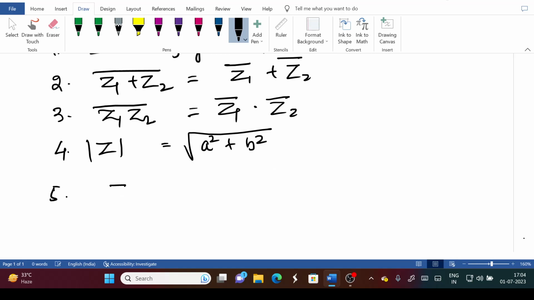Next, Z bar is equal to Z, implies and is implied by, Z is real, that is the imaginary part of Z is 0.